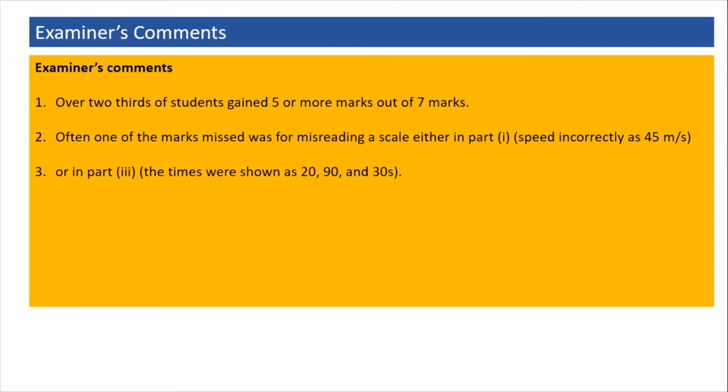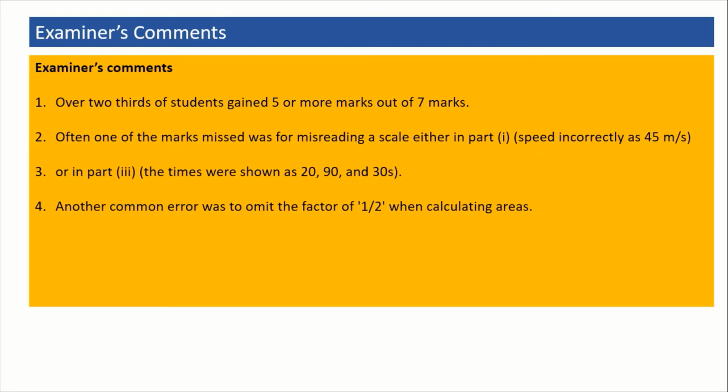The students have misread these values. So this is one of the key areas that we need to be concerned about when we do these kinds of questions. The question might be easy, but we should not be hurried to complete it. And also, once the question is completed, you should double check your answer. That is how you can eliminate these kinds of silly mistakes.